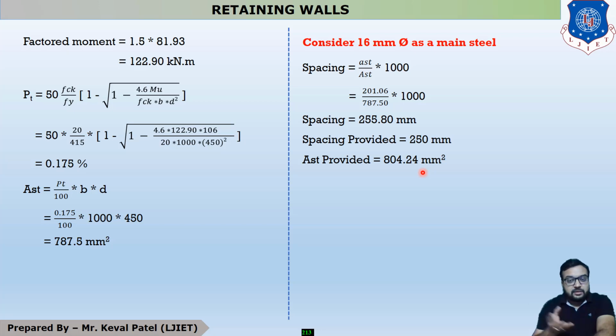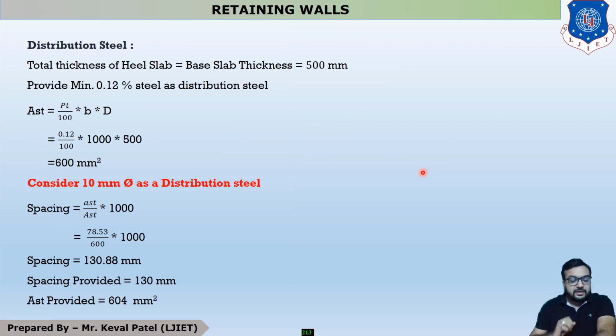After calculating the main steel, the next step is to find out distribution steel. So students, for distribution steel, we have to provide minimum steel. As per IS 456-2000, on page number 48, it is clearly mentioned that for Fe415, we have to provide 0.12 percent of total gross sectional area.